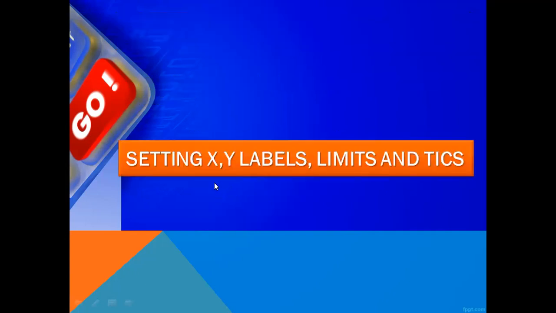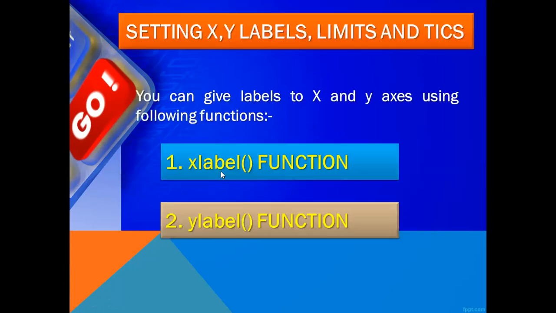Now, setting the x and y labels. How to set x axis and y axis labels, limits and text. You can give labels to the x and y axes using the following functions. Remember, xlabel is a function, with round brackets: xlabel and ylabel.